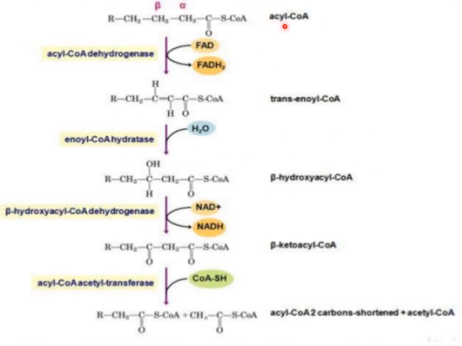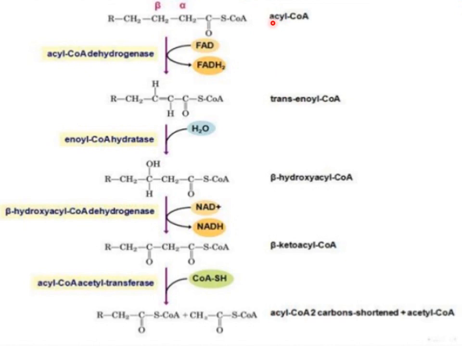Here you can see the first item in every step shows the substrate, and this represents the enzyme. This enzyme acts on this molecule to convert it to this form.